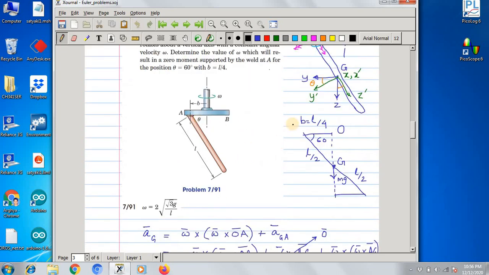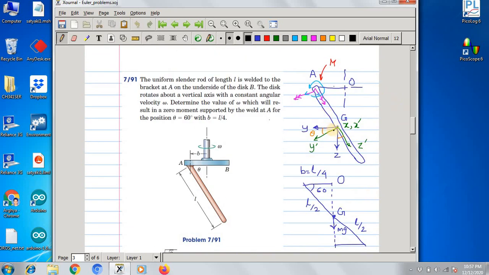Now from the geometry, if theta equal to 60 degree and beta equal to L by 4, if we call the center point as O, then the center of mass of this slender bar, which is at the middle of the slender bar, is directly under O. So the center of mass is directly under O, though in this figure it is little shifted, but it should be directly under O. Now this is the free body diagram.